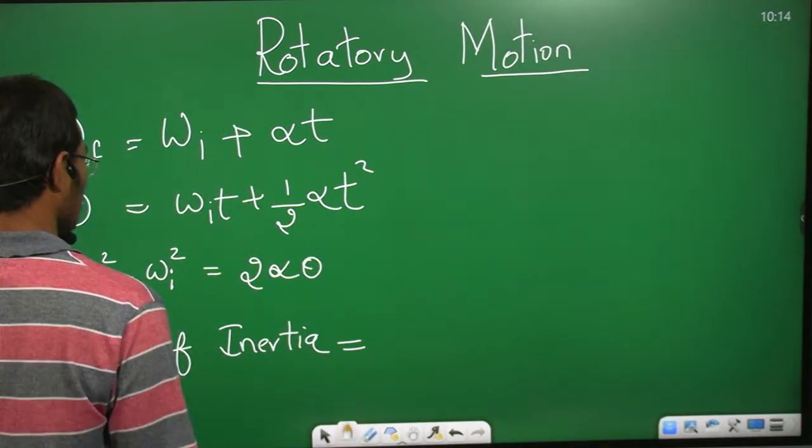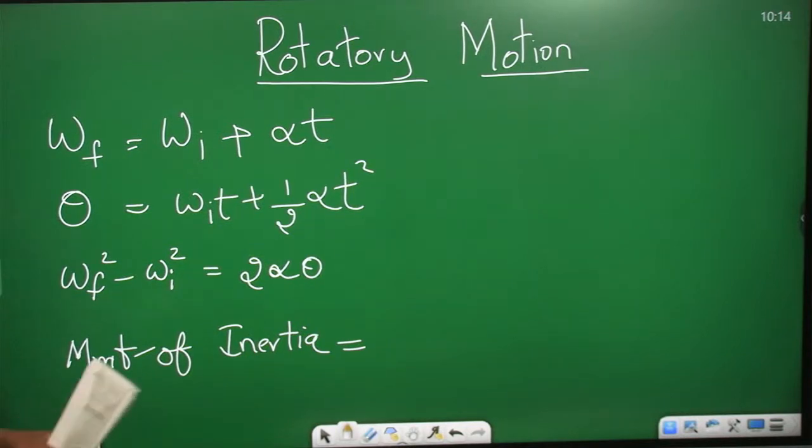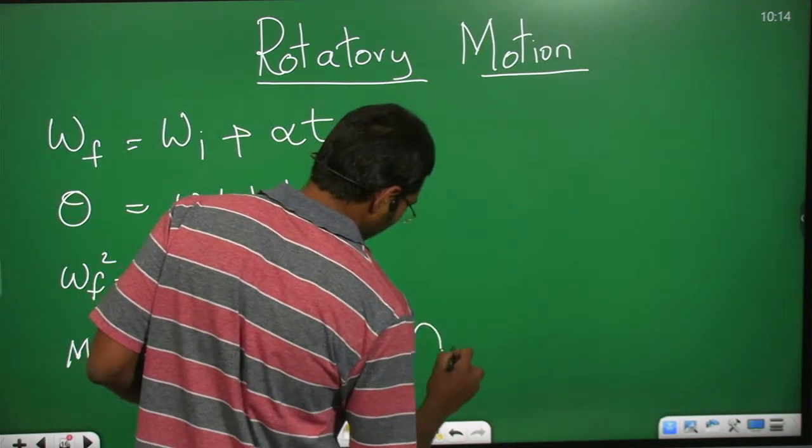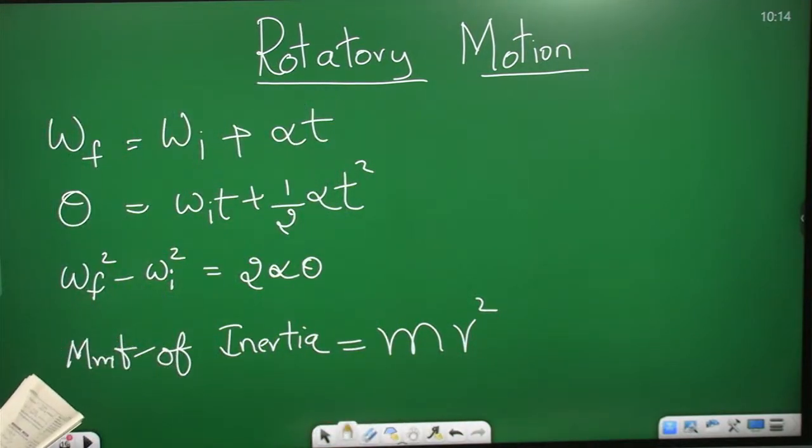So what is moment of inertia? See, mass multiplied by the square of the distance, okay? See, what is alpha here?